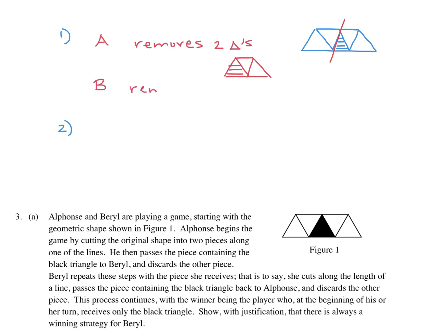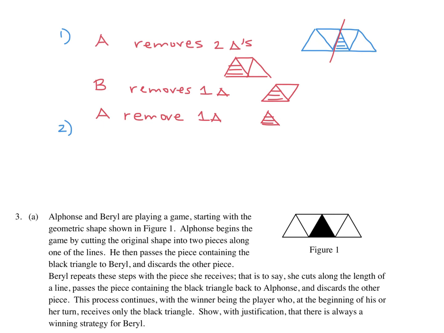So she removes 1 triangle. She will remove this guy right here. And when she does, what you're left with is just the black one, and then the one attached to it like that. And then Alphonse has no choice but to remove the last triangle, which is this guy, and then that leaves just the black triangle.